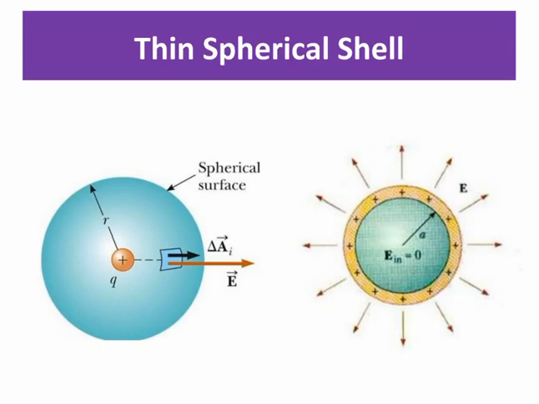Today we will see the thin spherical shell. There are two cases: the electric field outside the shell, and the electric field inside the shell. First, we are going to discuss the electric field outside the thin spherical shell.